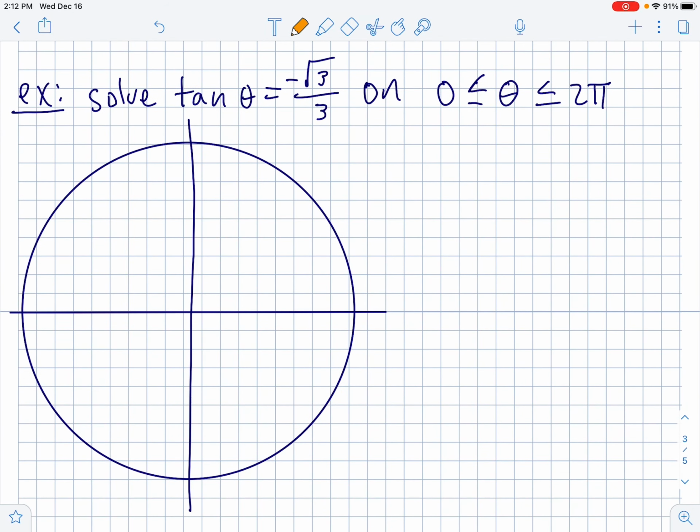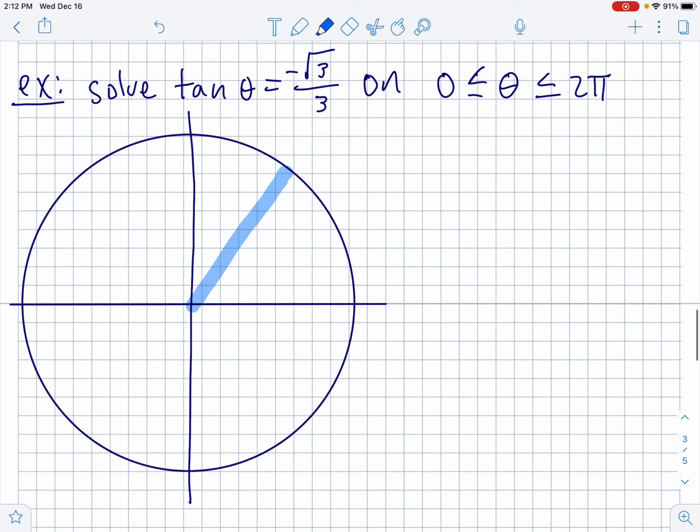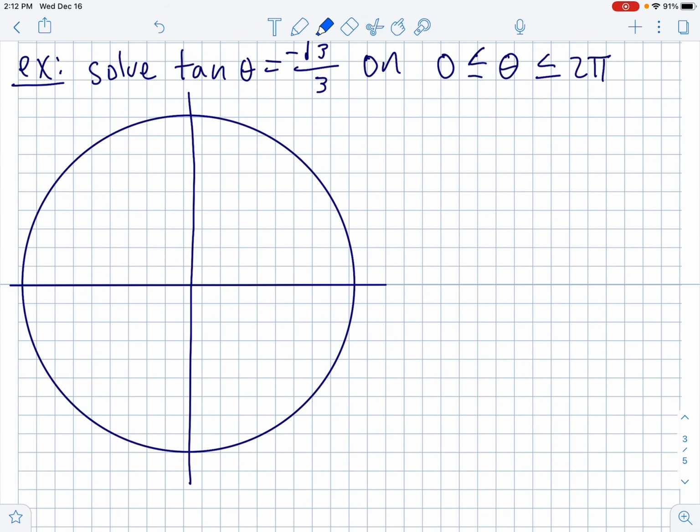Last one. Solve tangent of theta equals negative root 3 over 3. Okay. First of all, we're going between 0 and 2 pi. Tangent is a slope. So if you think about the slopes of the hypotenuse, like if you have a slope here of the hypotenuse, this is a positive slope. So since our slope is negative, it can't be there and it can't be here either, because this would also be a positive slope.